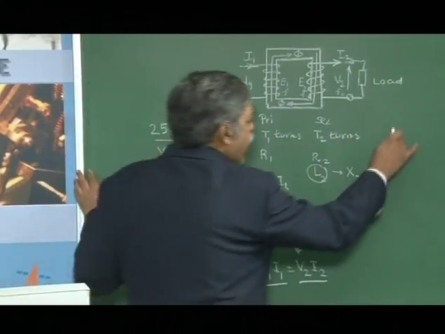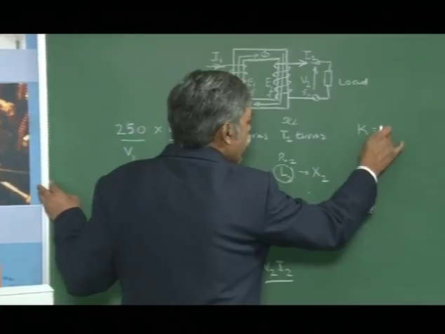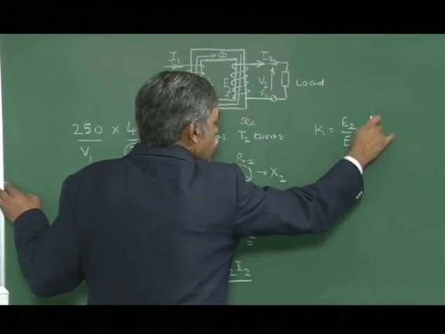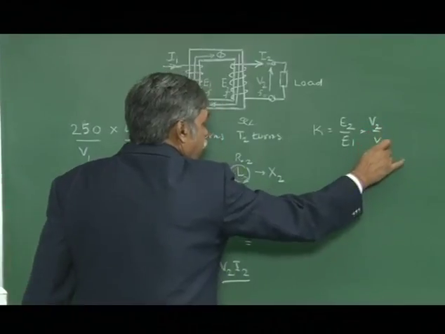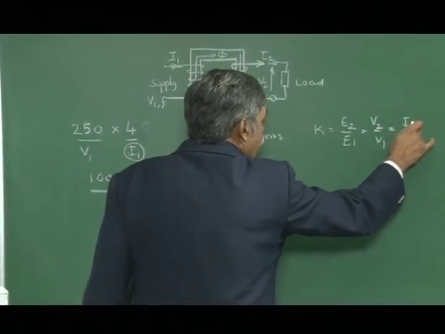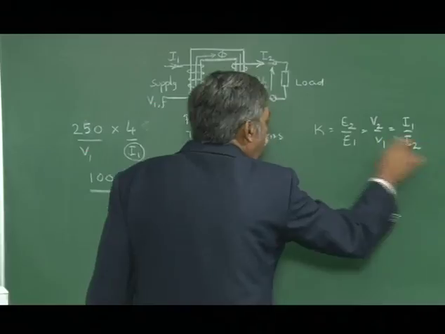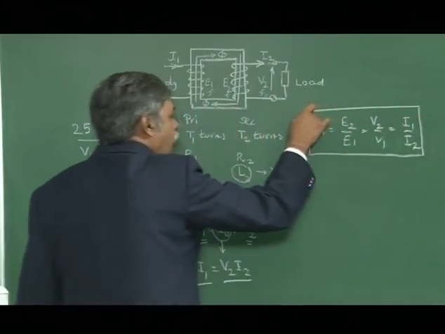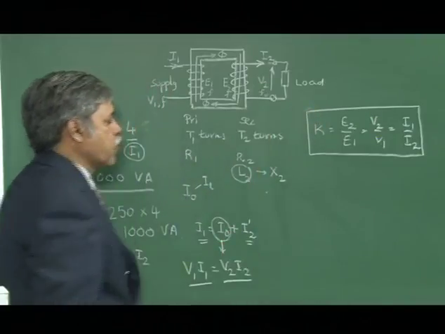Yesterday we saw that the transformation ratio is given by E2 upon E1. This can also be written as V2 upon V1, which equals I1 upon I2. This is how the voltages and currents in the transformer are related to the transformation ratio.